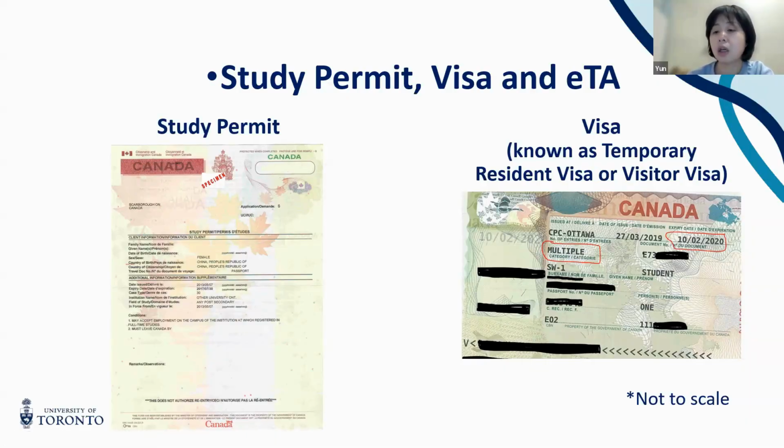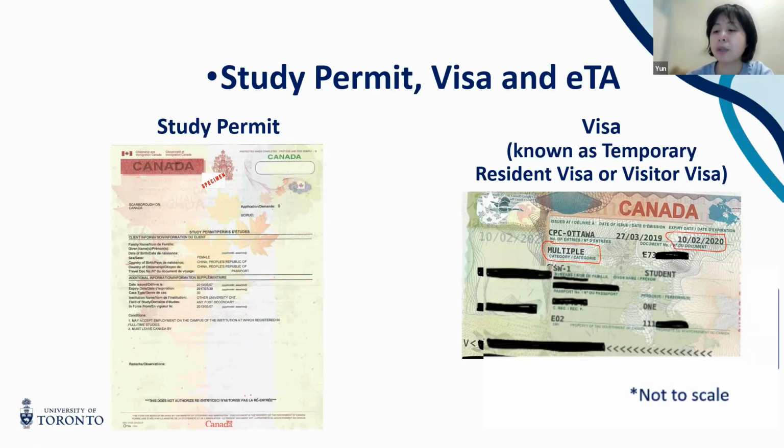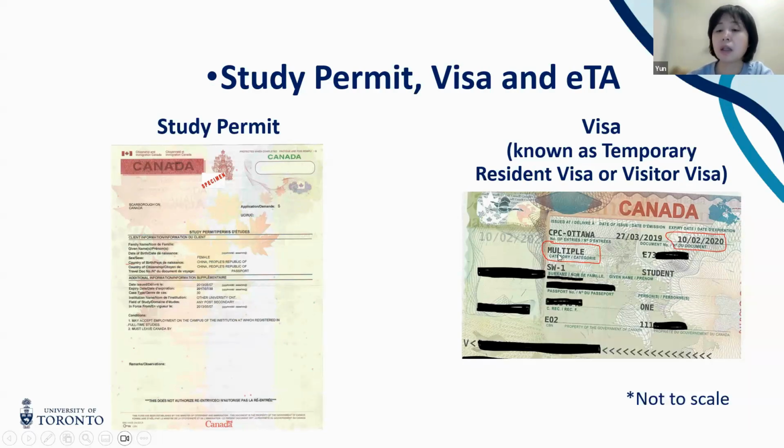It may not be connected with a study permit, but still is a valid visitor visa. So whatever you see here on the category, whether it's a V1 or S1 or SW1, they are all temporary resident visas, and they are the travel documents that you must have in order to enter Canada.